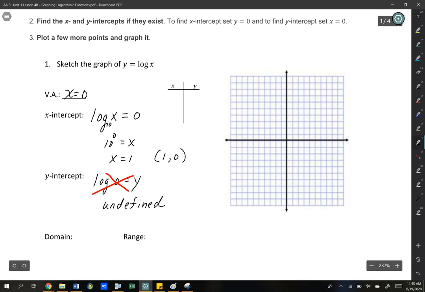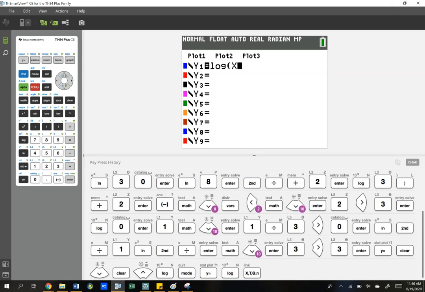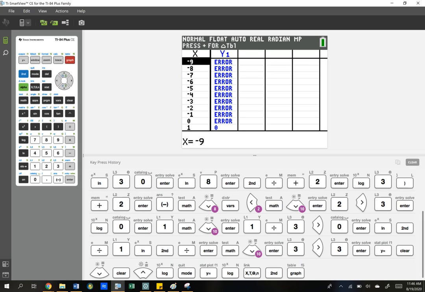And we do not have a y-intercept, none. Some coordinates we can find using our calculator. Once we've typed it into y equals, we can go to the table of values. And we know that before 0, we're going to have errors.